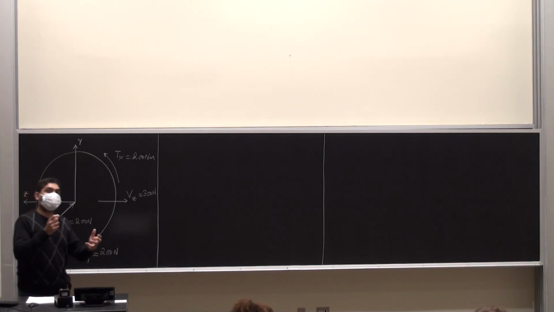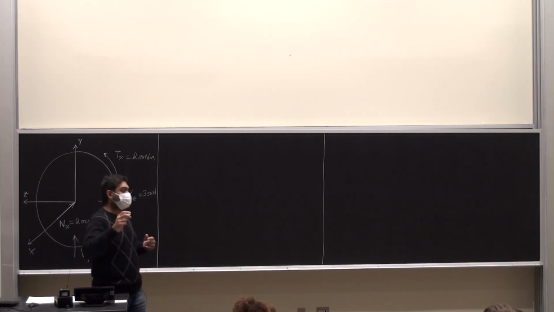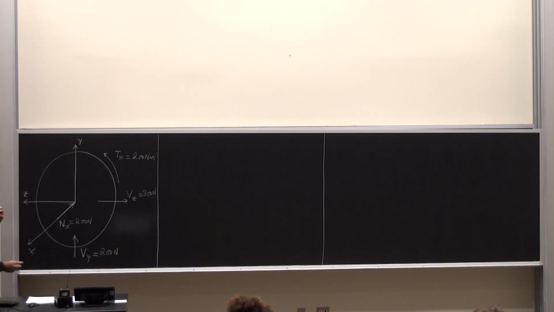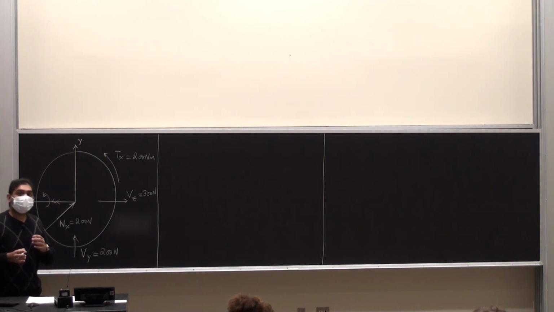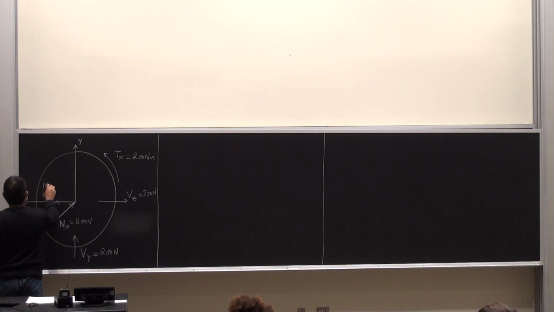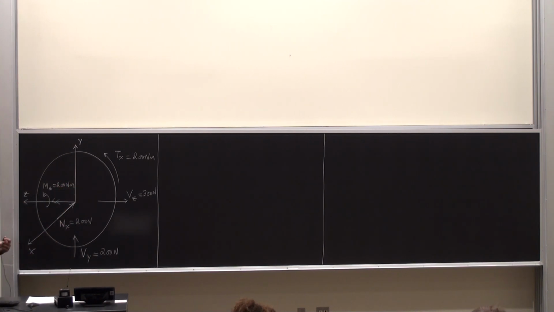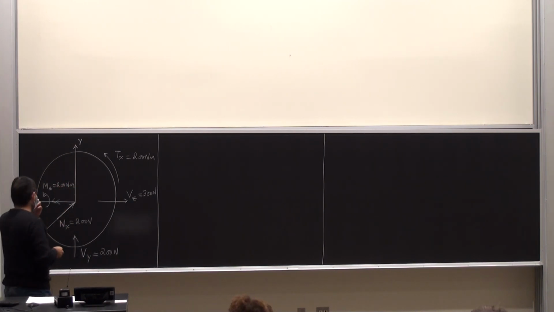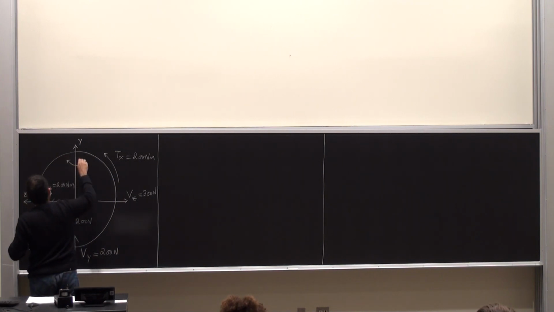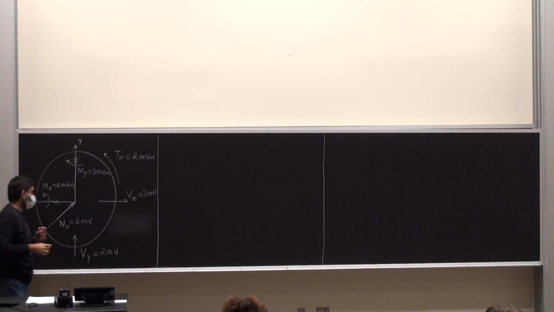Then I had the bending moments about the negative y-axis and the positive z-axis. The bending moment Mz was, I think, 200 newton meters. And then I had My, which was around the negative y-axis, in newton meters.